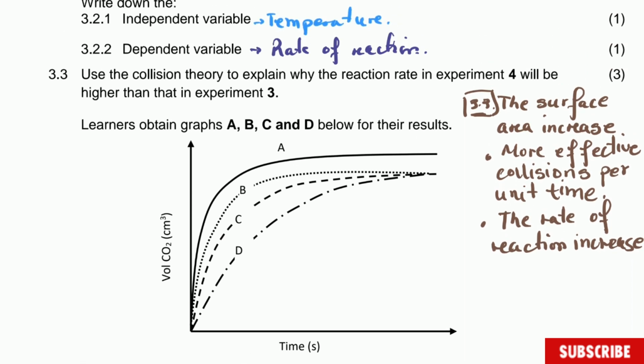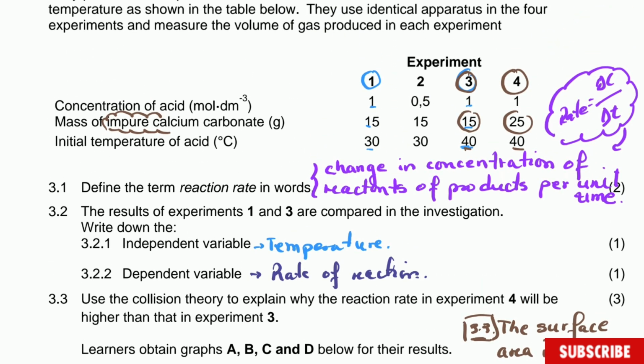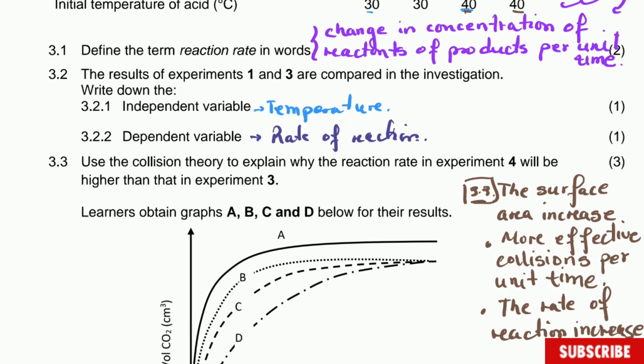Now, what is the problem here? A produces more volume of carbon dioxide. So for this question, guys, we have to compare experiment 1 with each of the experiments, okay? But we have to identify A. To identify A, you note that all of the experiments release the same amount of gas.